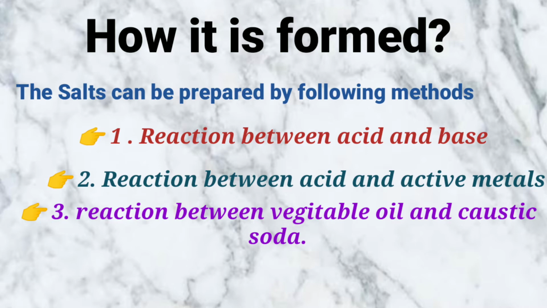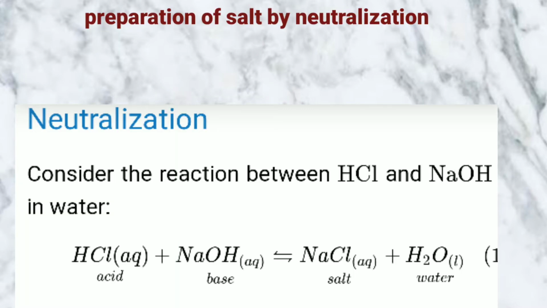It is a special type of chemical reaction used to make sodium salt of fatty acid. As for example, soap can be prepared by boiling vegetable oil, or you can say animal fat, with caustic soda. So let us see how salt is prepared by neutralization reaction.